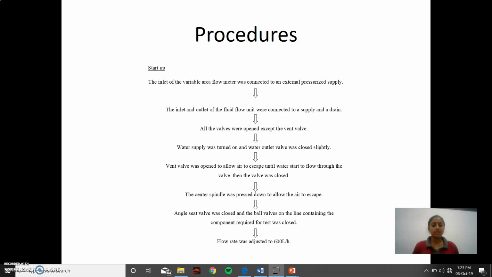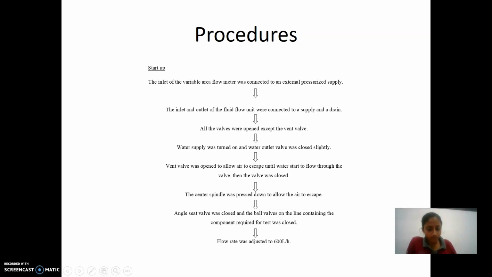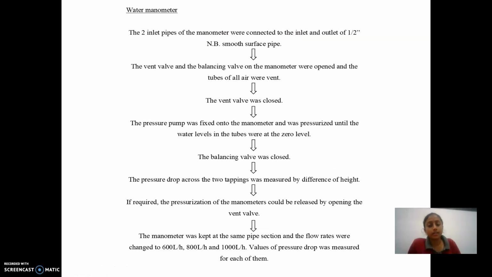Then the angle seat valve was closed and the ball valve on the line containing the component required for the test was closed. Then the flow rate was adjusted to 800. So both startup processes are the same. Now, moving on to the second experiment, which is the water manometer.